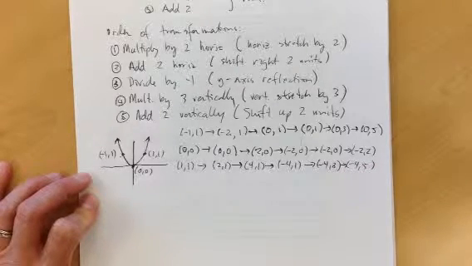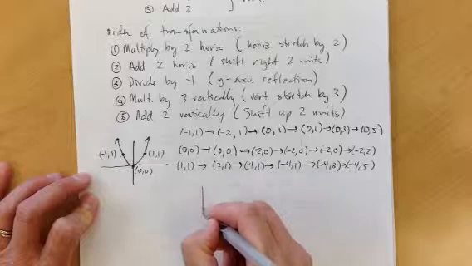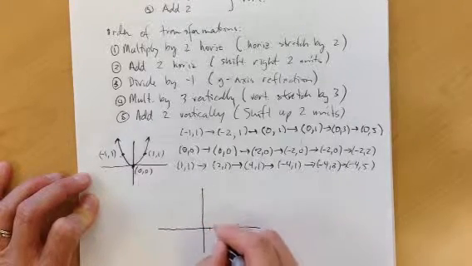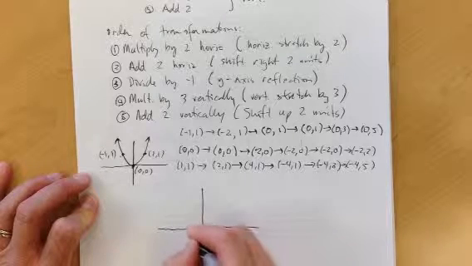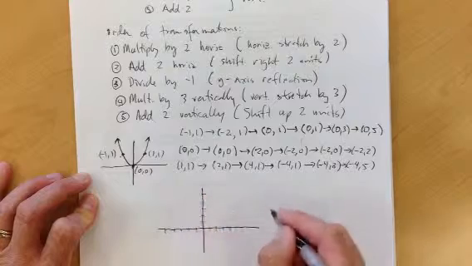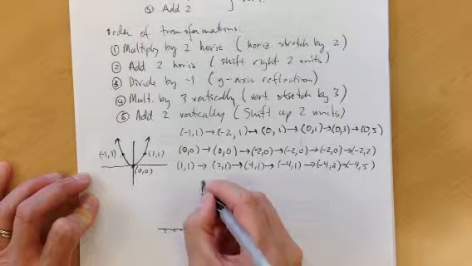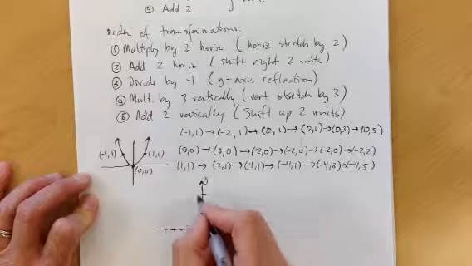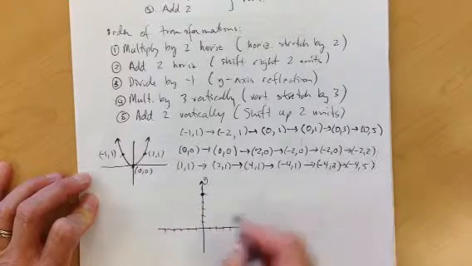And now we just plot those points. So we have the point 0, 5. We have the point negative 2, 2.